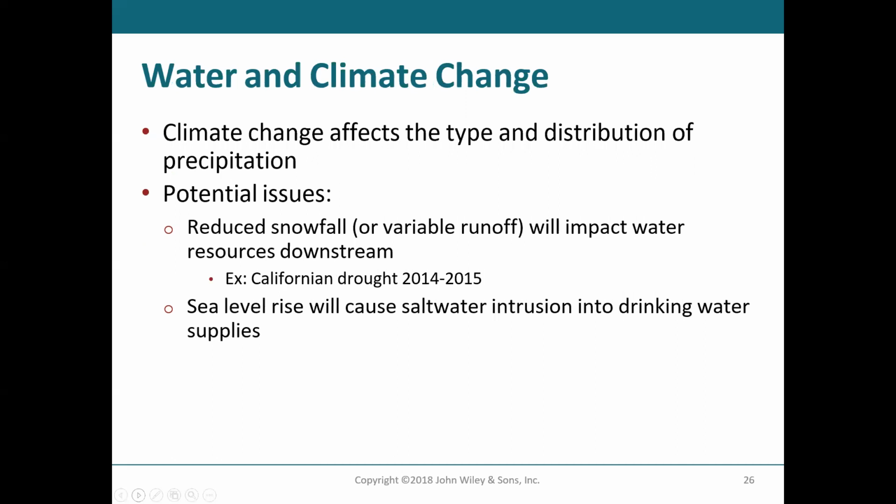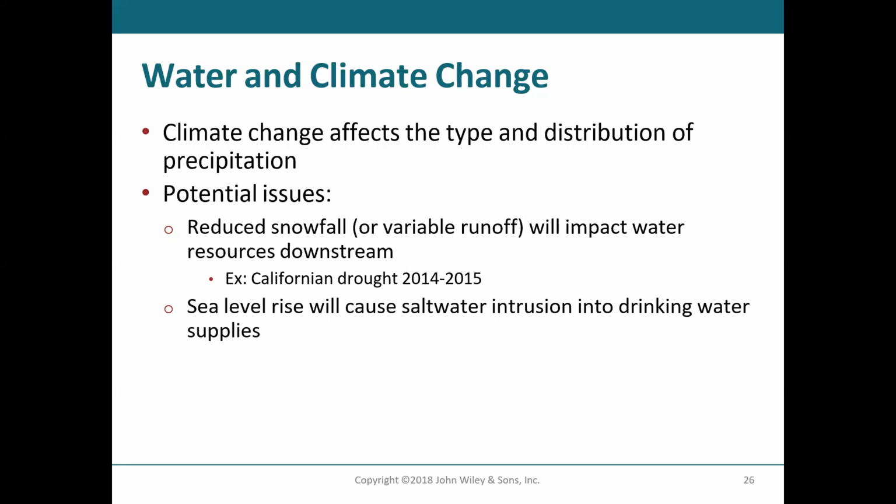Water and climate. Climate change has definitely, and you guys need to know this for your exam, climate change affects the type and distribution of precipitation, right? Changes in rainfall may lead to abrupt changes in available surface water, since runoff is influenced by geological factors such as soil permeability and biological factors such as the amount of vegetation.